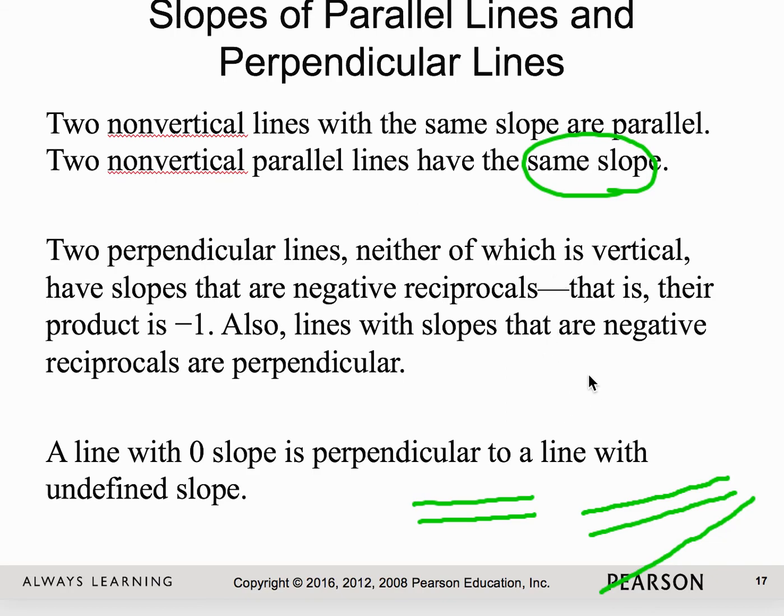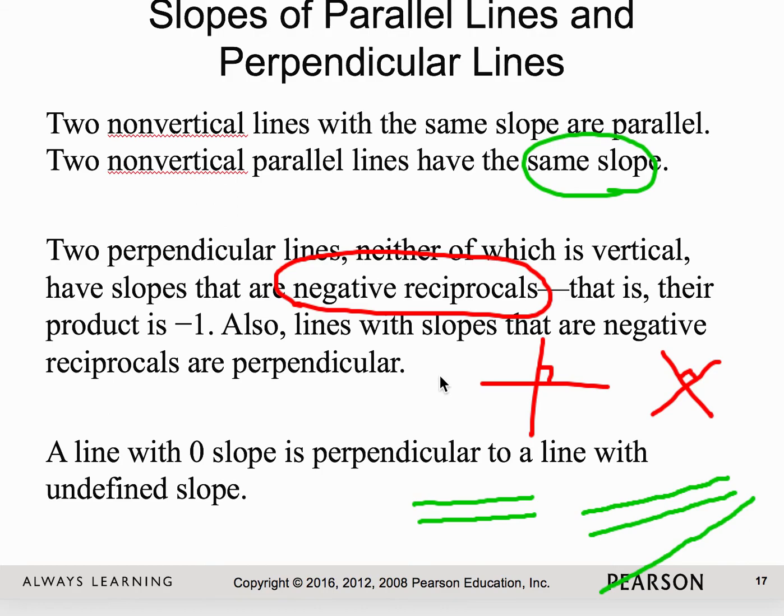Okay, perpendicular lines means they cross like this. Let me change colors to talk about perpendicular. Perpendicular lines cross at a 90-degree angle. They don't have to be like that, it could be like this, but that's 90 degrees. They have slopes that are negative reciprocals. Remember what a reciprocal is?